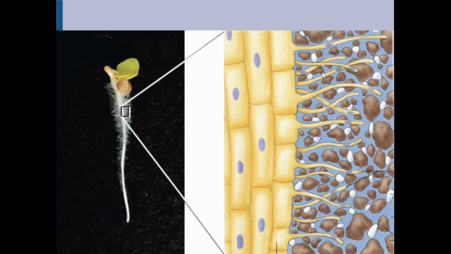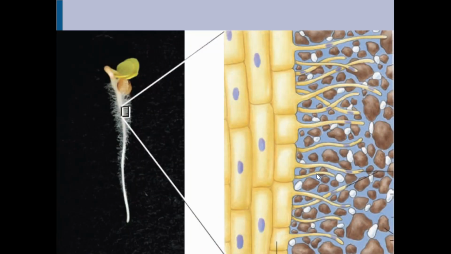These are adaptations for living in the soil, and these are only seen in roots. The shoot system doesn't have this hair, and the function and types of the hair are different from the hair of the shoot system.